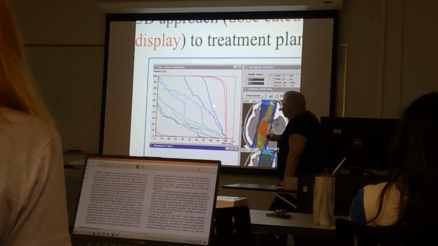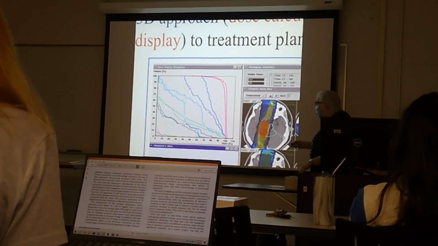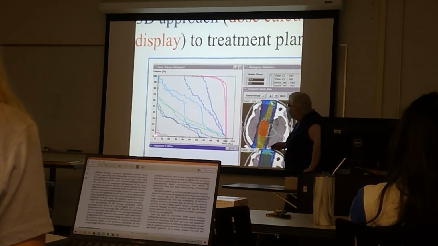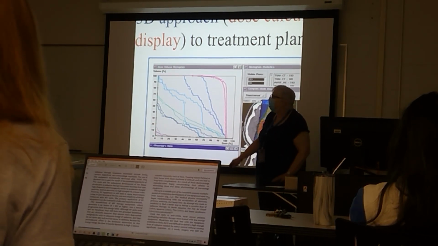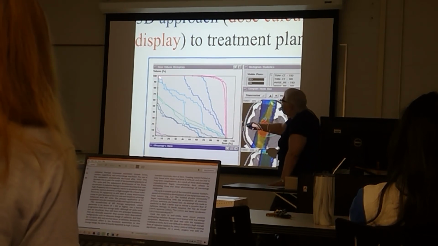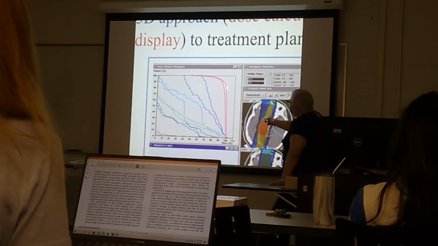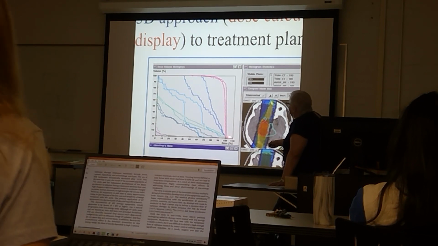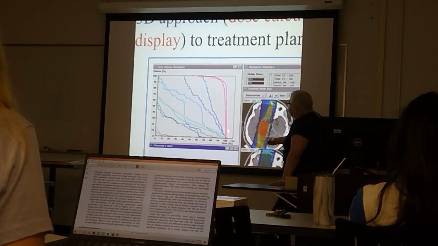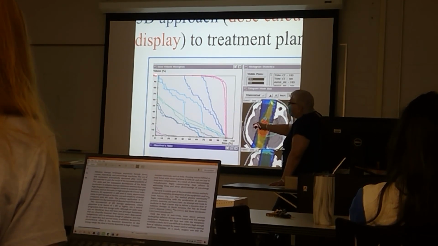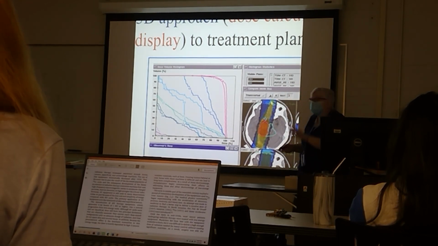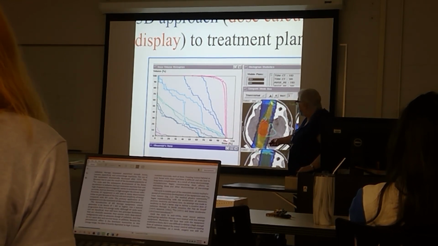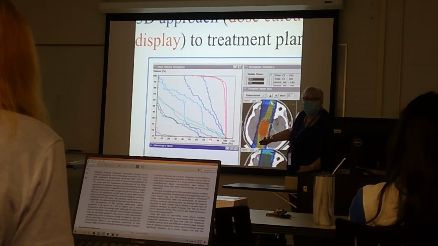So all of these would have a dose and a volume. So the volume of this, which is presumably the tumor, is 100% of the volume, which is what you want, right? 100% of the tumor volume gets 100% of the dose.